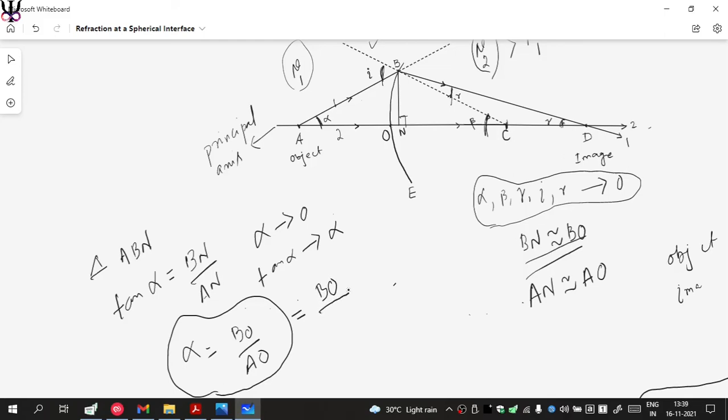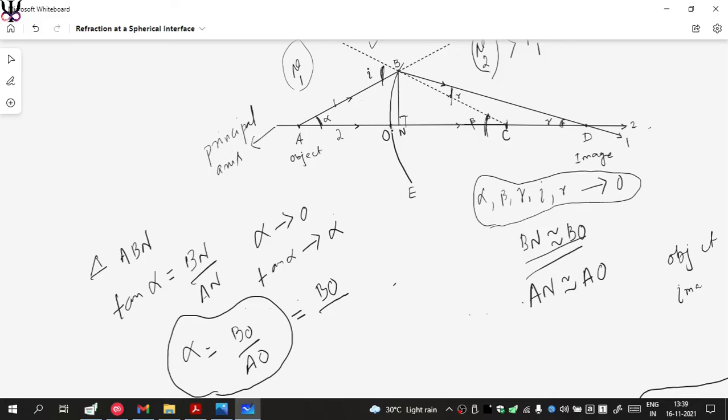But we know that AO is measured from the pole. If this is the pole and we are measuring from O to A, that is the object distance, which is supposed to be u.